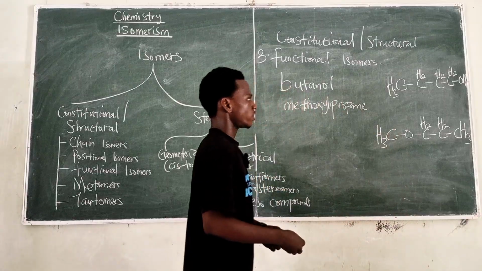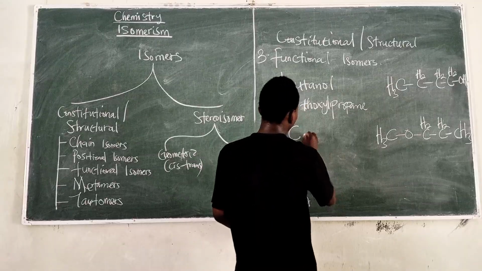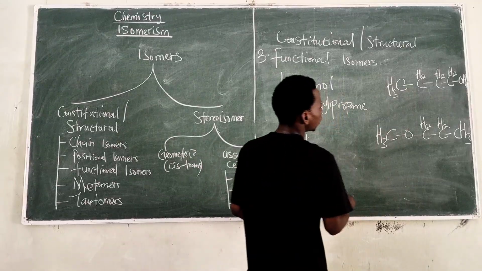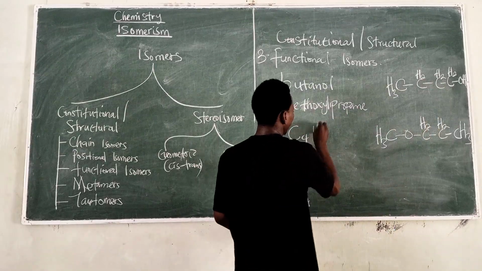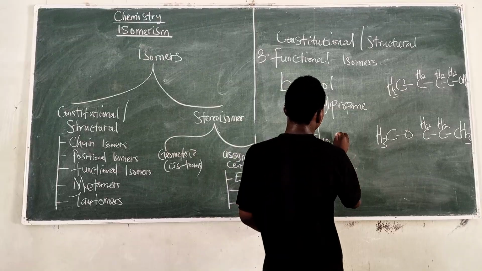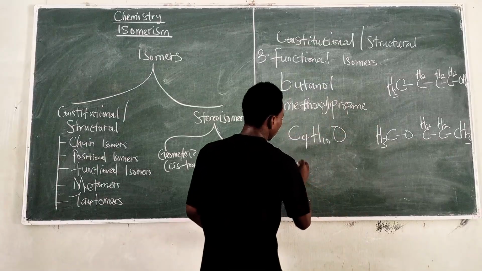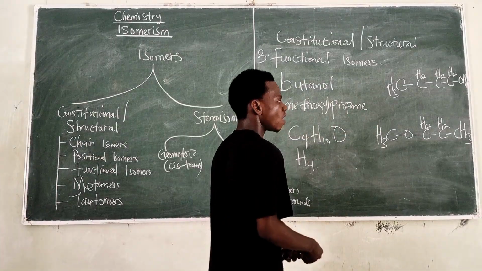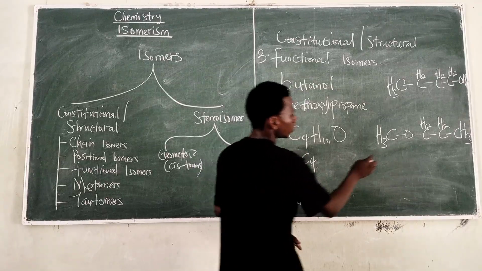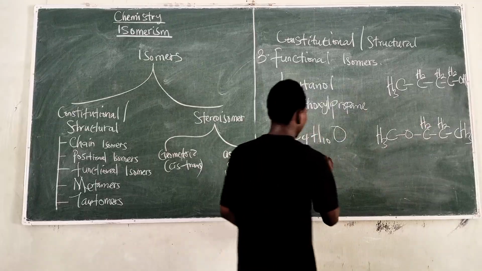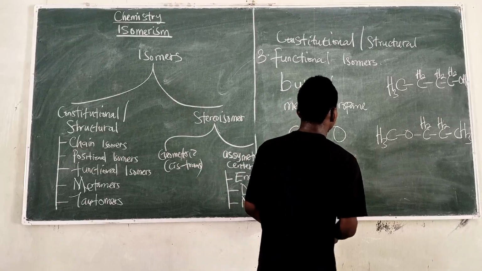So the two structures are different, but when it comes to the molecular formula, we have 4 carbon atoms and 10 hydrogen atoms with 1 oxygen. For the second, we also have 4 carbon atoms, 10 hydrogen atoms and 1 oxygen.